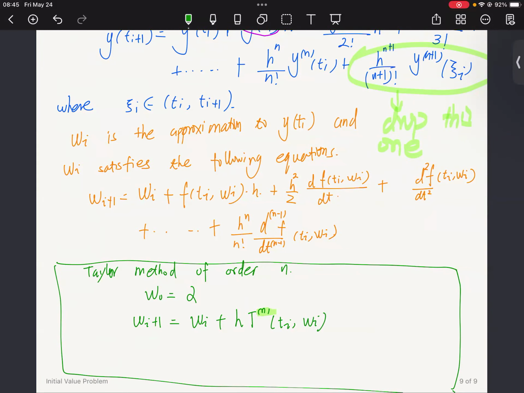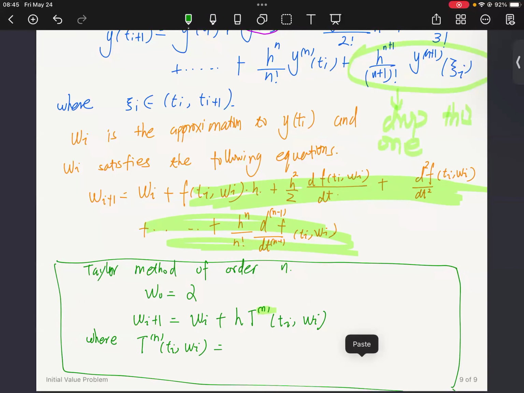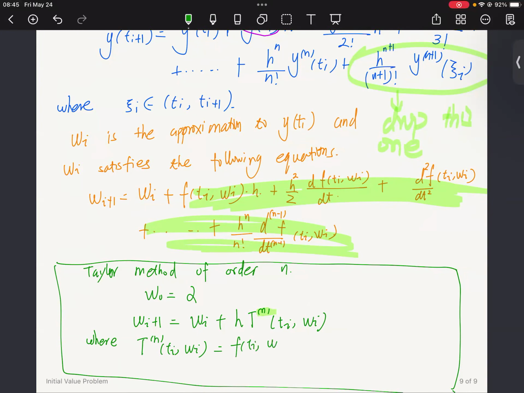As you can see, T^(n) at Ti and Wi equals, as we are just concluding from here, the step size h times the formula, which is f(Ti, Wi), plus h divided by 2 times f'.